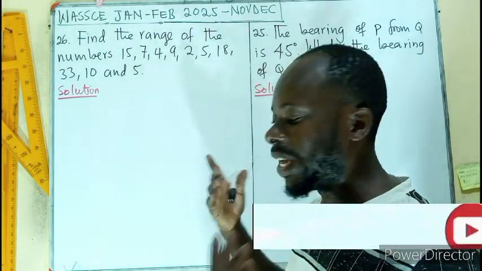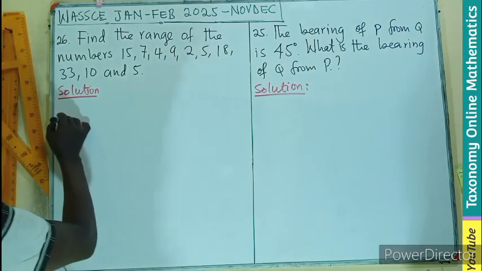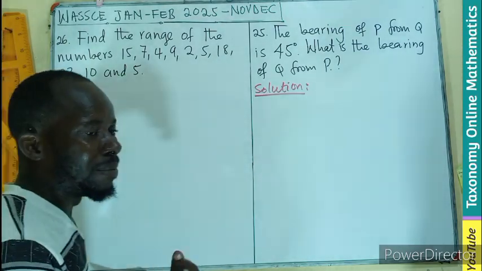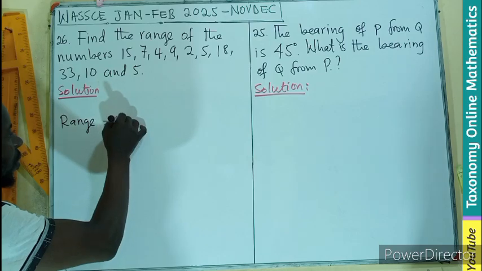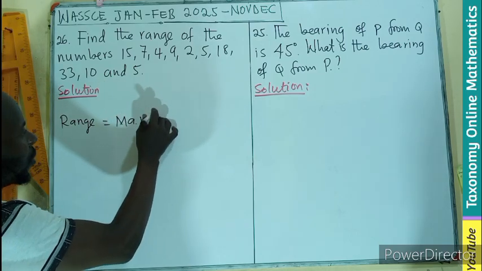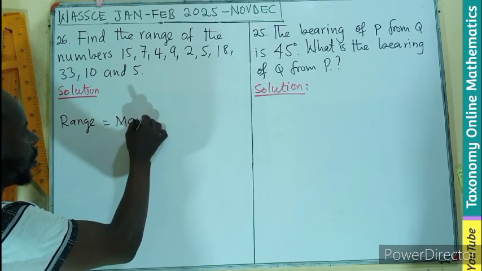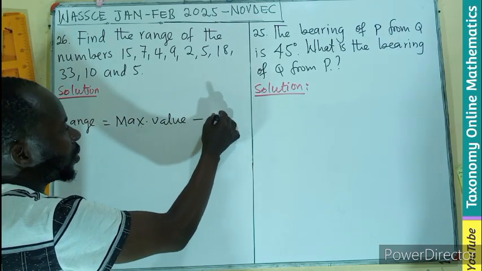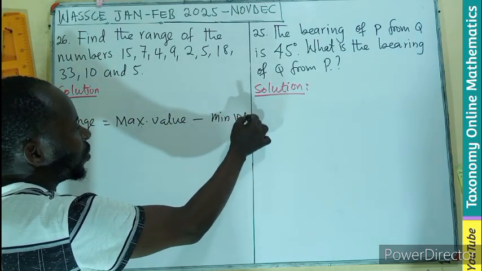As we are seeing, in finding range, we know that the range of any data set is just the maximum value minus what? The minimum value.